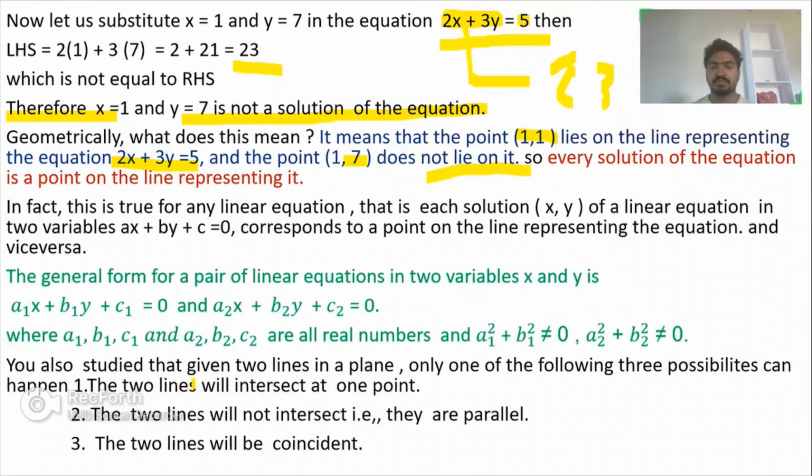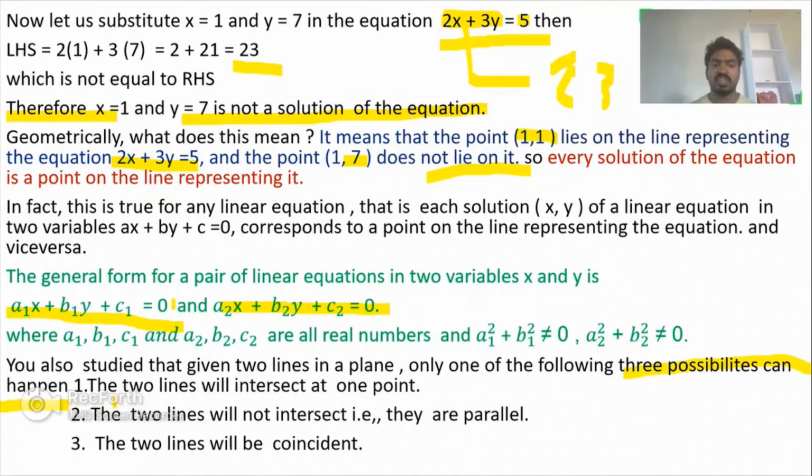You also studied that for two given lines in a plane, only one of the following three possibilities can happen. If you frame a graphical representation for these two equations, a1x plus b1y plus c1 equals 0 and a2x plus b2y plus c2 equals 0, graphically we can clearly say that there are only three possible conditions.